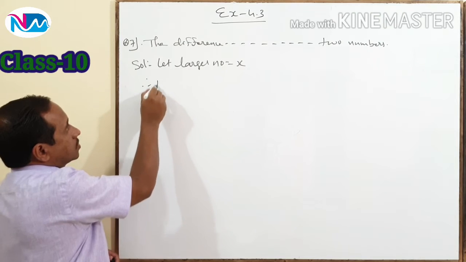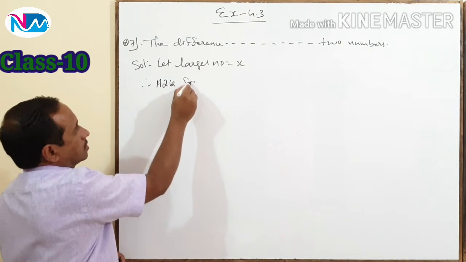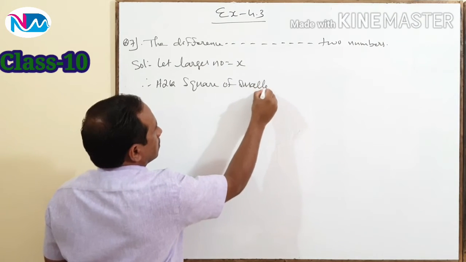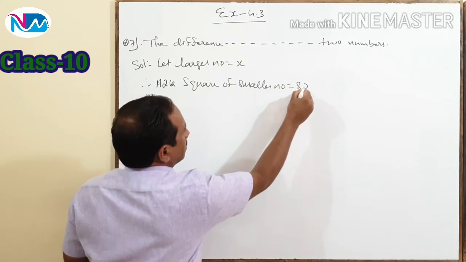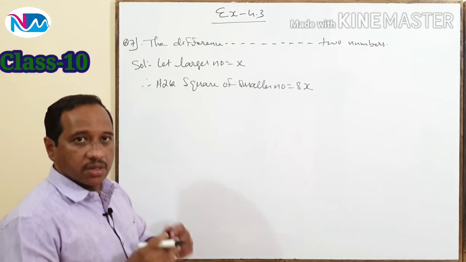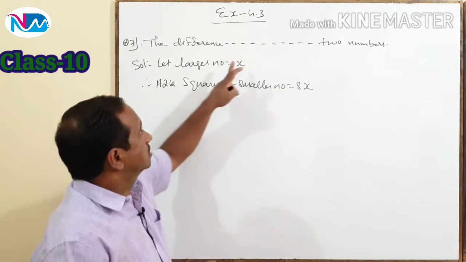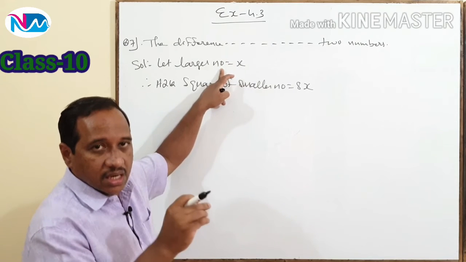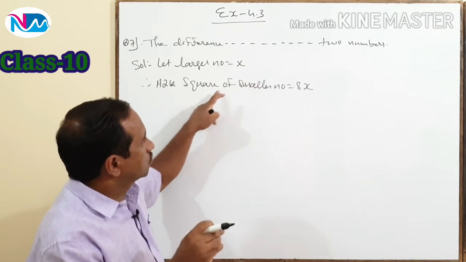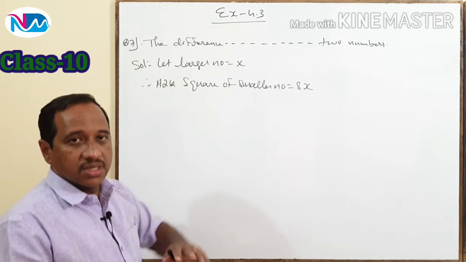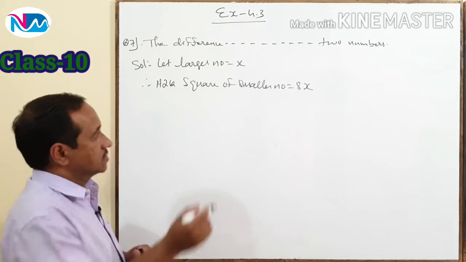Therefore, according to question, square of smaller number will be 8x, because the square of the smaller number is 8 times the larger number. Here the larger number is x, therefore square of smaller number is equal to 8x. Now we have the difference between the two squares.